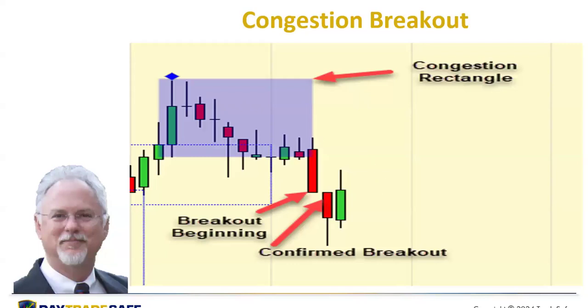And this is a zoomed in shot of how a breakout would work. You have down below, I've cut it off, that subgraph that would have shown the blank area for when you were in congestion, okay? But right here, the edge of the box, every time a new bar forms, it moves forward to keep up with that bar. But if you start to get a bar that is closing out of the box, either below or above, then you're going to hear a warning.